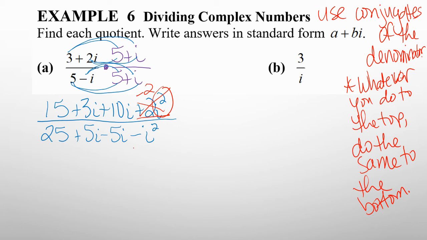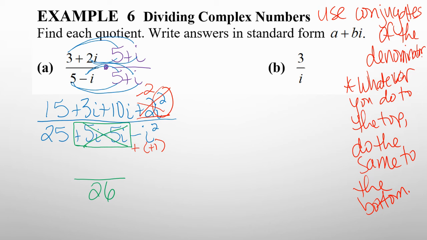On the bottom, i squared is negative 1, so this is really minus negative 1, which becomes adding. On the bottom, these middle terms, 5i minus 5i, add to 0, and we have 25 plus 1 is 26.